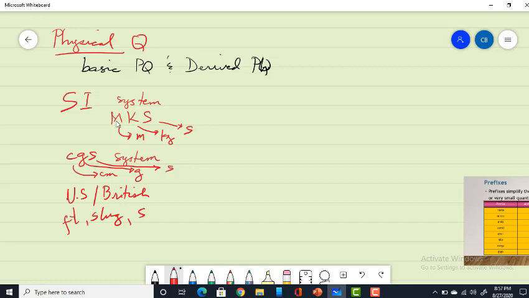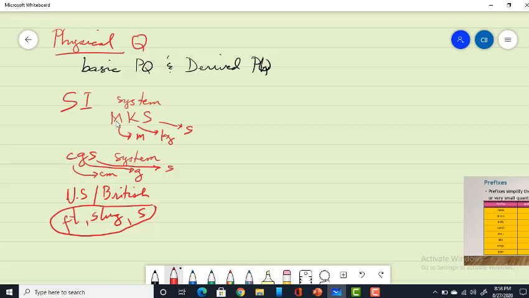These are the units commonly used in the British system. In CGS, we have centimeter, gram, second. In MKS, meter, kilogram, and second. In physics, we commonly use the SI system.